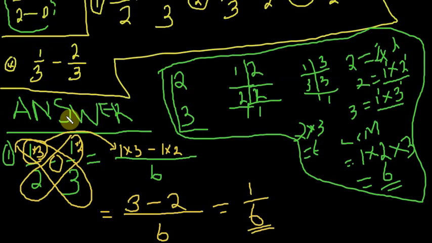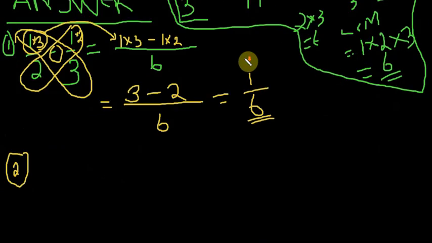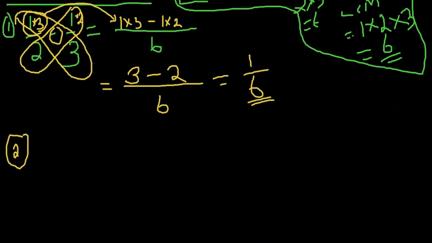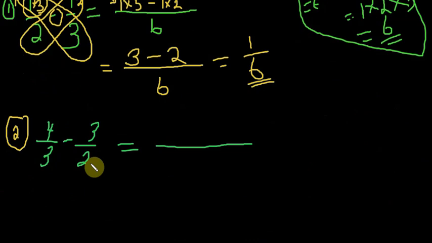So let's go to the second one, which is 4 over 3 minus 3 over 2. We write our line. 3 and 2 are different denominators. 3 cannot go into 2, neither can 2 go into 3.